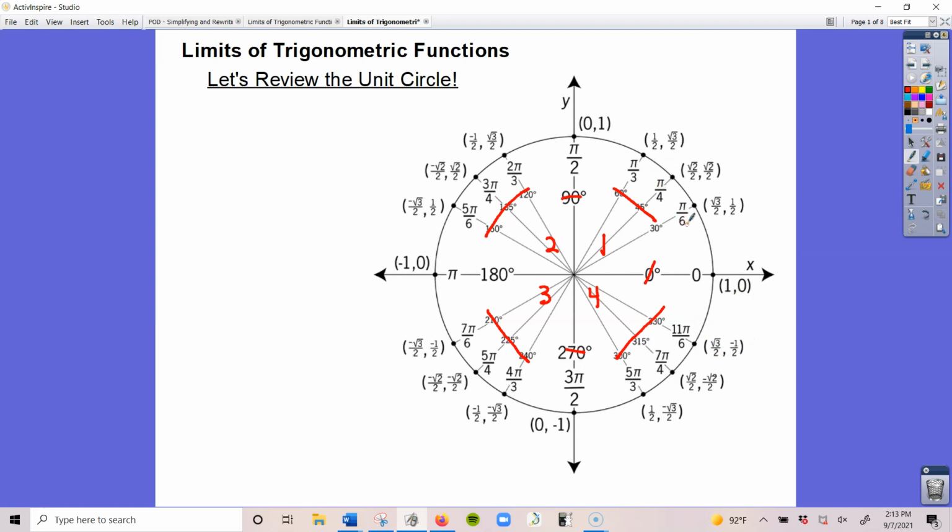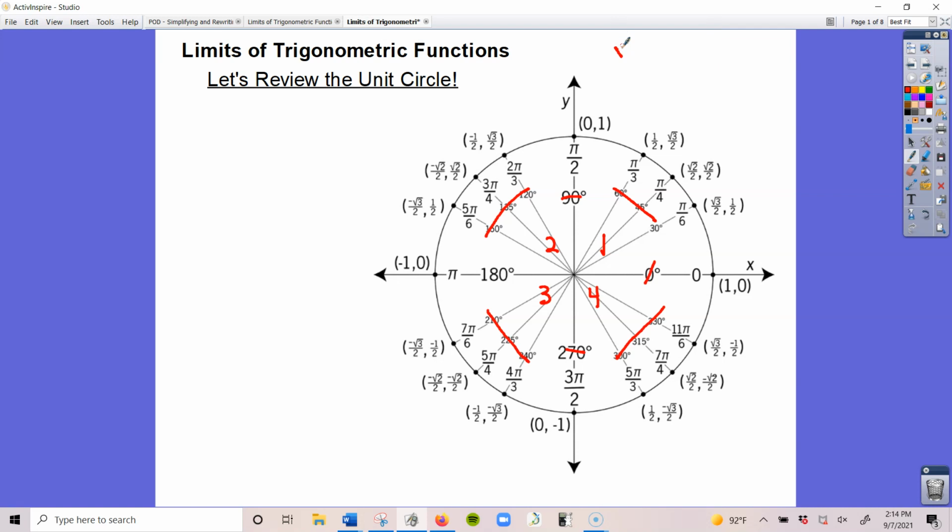For the radian measures, we have the denominators 6, 4, and 3. In any quadrant, wherever you go, the coordinates will remain the same for all of the radian measures that have a denominator of 6. So if we notice cosine and sine, we have square root of 3 over 2, comma, 1/2. So the cosine of pi over 6 is the square root of 3 over 2, and the sine of pi over 6 is 1/2.